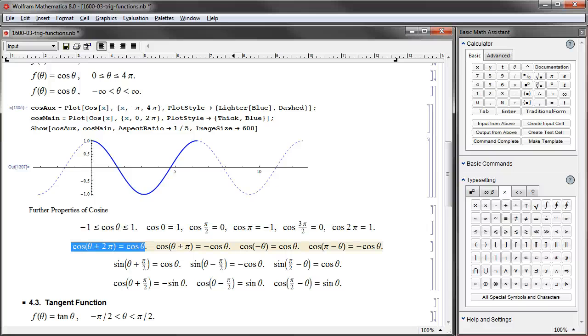Periodic behavior, and then we have negative cosine if you add or subtract pi, because you're starting from -1, 0 backward. And then cosine is an even function. You can clearly see that from the graph and also from the circular motion and things like those.